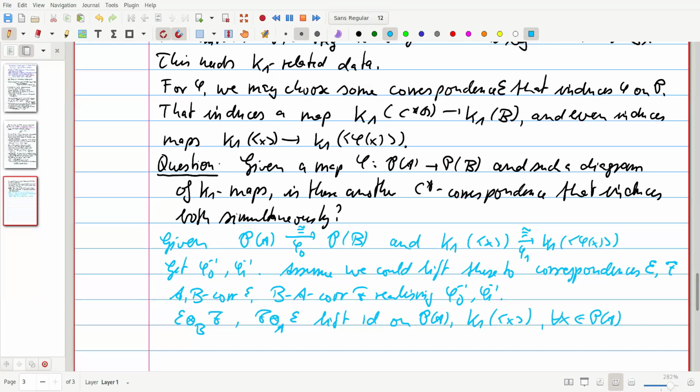And if you know that, first of all, you know that this correspondence maps each vertex projection to an equivalent projection. And by just changing up the isomorphism, you could arrange that it maps it to the same projection. And then you also know that these generating unitaries go to things which have the same K1 class.